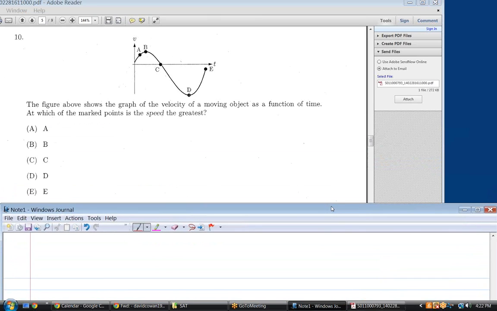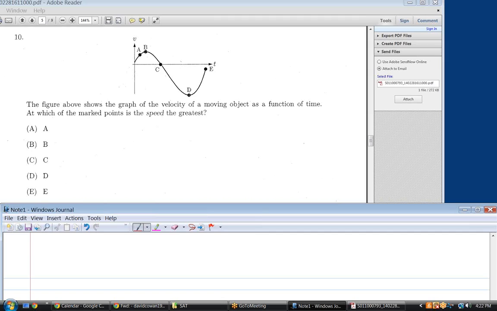The speed is the greatest at, wouldn't it be? The figure above shows the graph of the velocity of a moving object. So that velocity would be pretty fast, right? Yeah, that's the highest velocity. What's the highest speed?